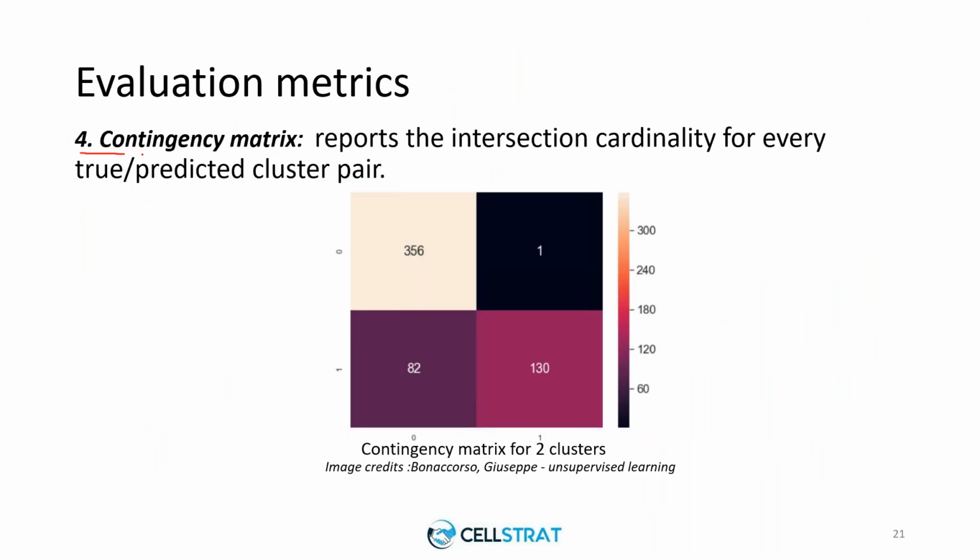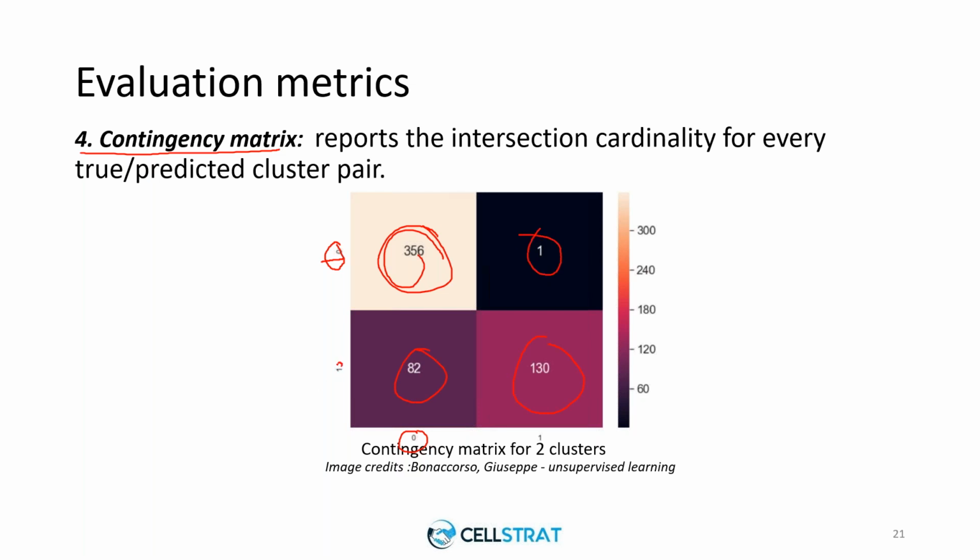Okay, then you have something called the contingency matrix. You would have known that this is something similar to what you used in supervised learning, right? So you have the zero label. How many predicted and true labels fall into this category, and these are your properly clustered and these are your falsely clustered.